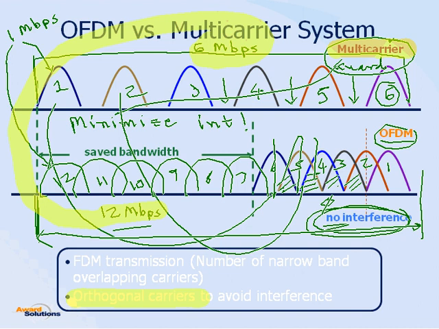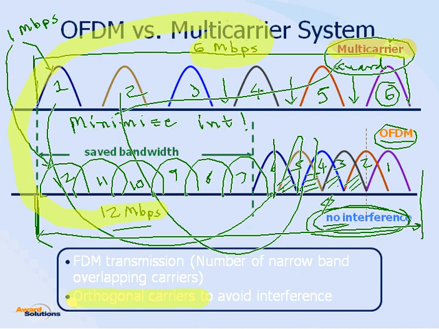So that is the idea: since we do not need to worry about overlap, since there is absolutely no guard band between two adjacent carriers, we can put many carriers, and then we will have a very high data rate. The key to OFDM systems is orthogonality.